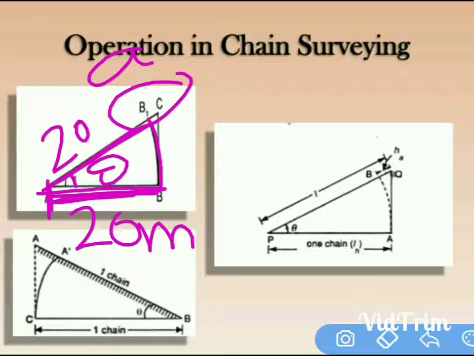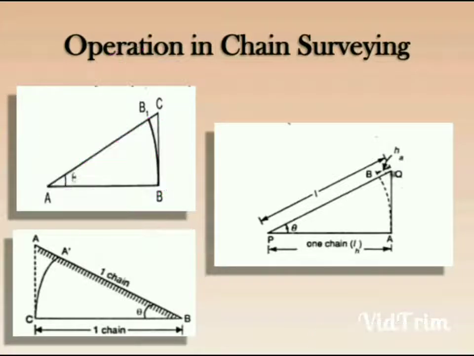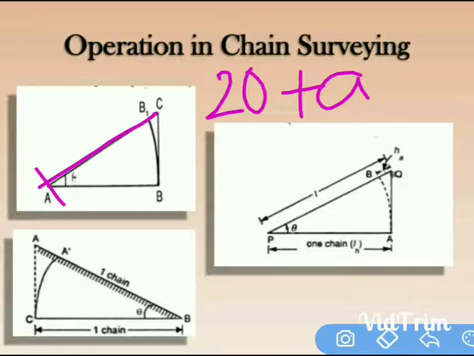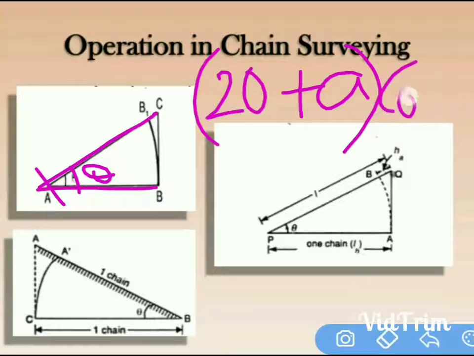So how we get that allowance value: look here, I will write the steps for that. This value is theta. First I am writing about A to C. For example, 20 plus A. If I take the horizontal component for that, then what will happen? 20 plus A into cos theta.